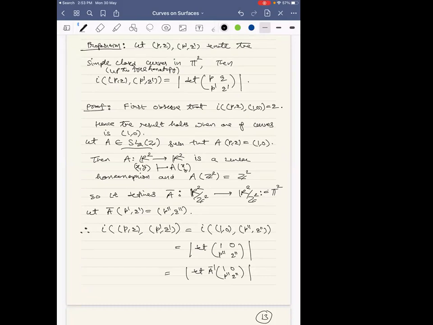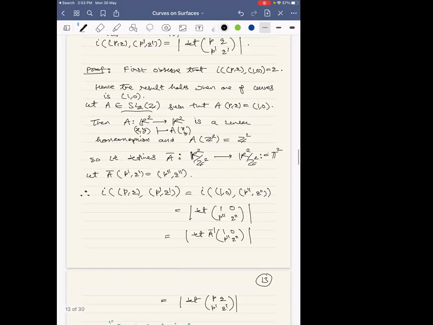So this first thing you have to be clear about: whenever you change two curves by a homeomorphism, it does not change the geometric intersection number. So you just rely on our first observation, that the intersection number of (1, 0) and P''Q'' satisfies the proposition, that is, it is given by the modulus of the determinant.